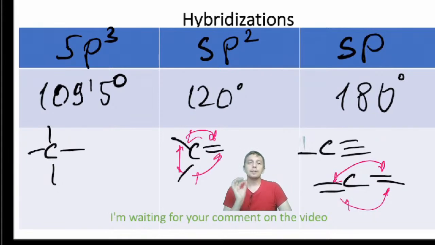But 109 and a half is because we have 3-dimensional space. And in 3-dimensional space, the maximum possible angle is 109 and a half, like here.